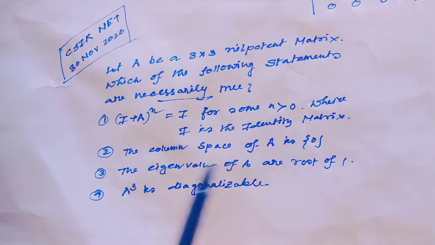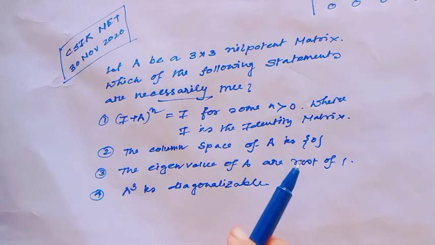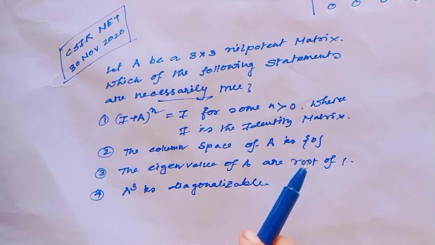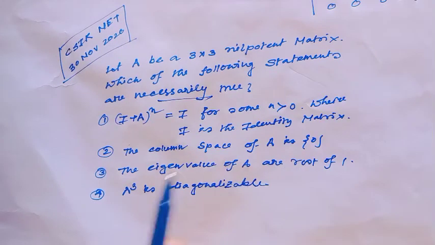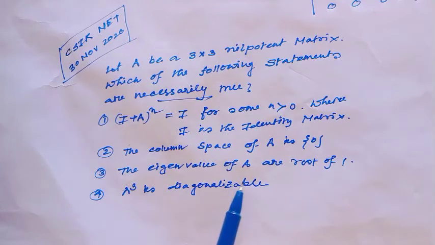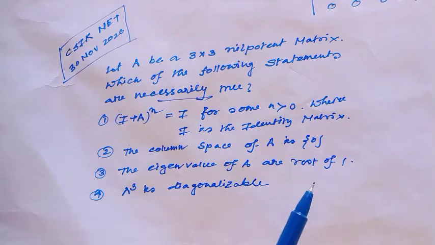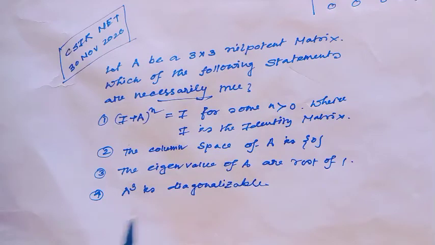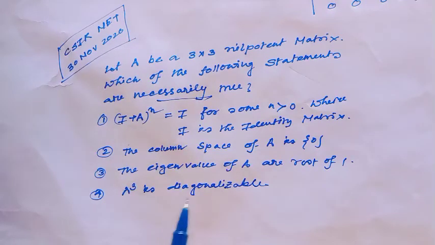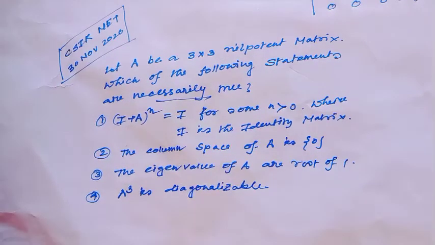Option 2, the column space of A contains only the singleton set 0. Option 3, the eigenvalues of A are roots of 1, and option 4, A cube is diagonalizable.